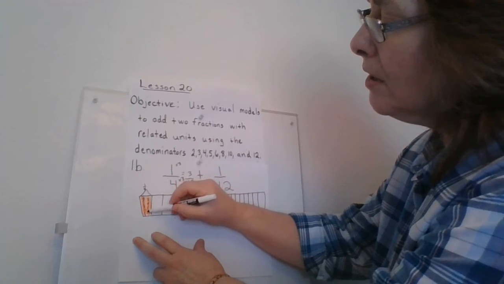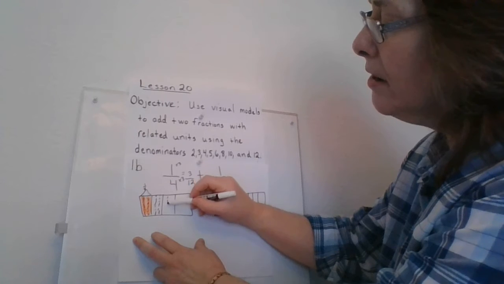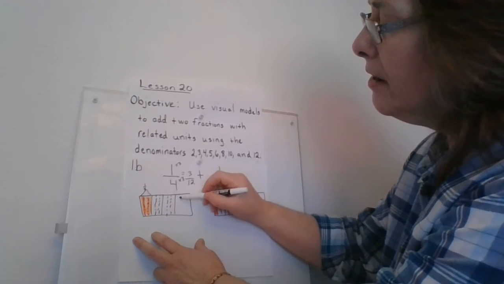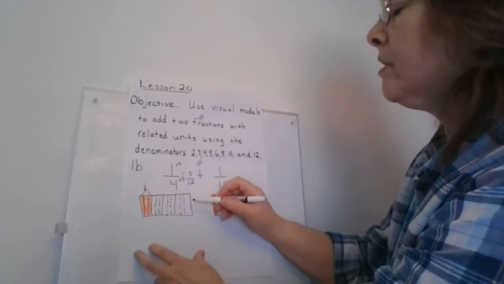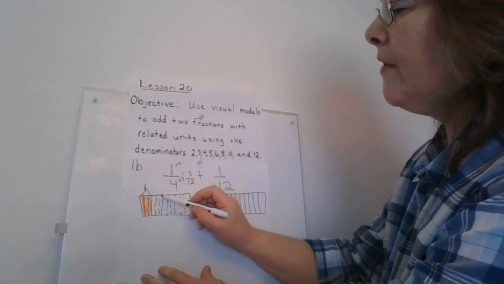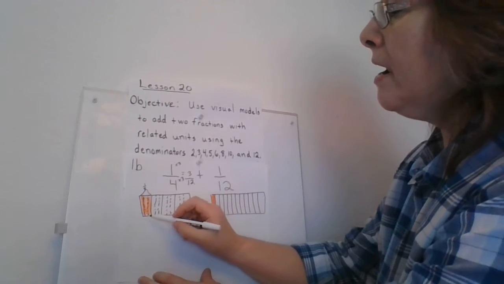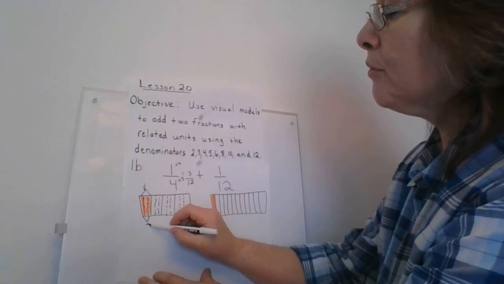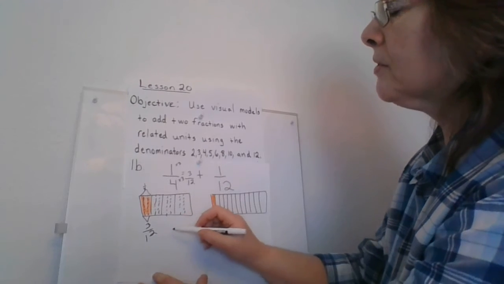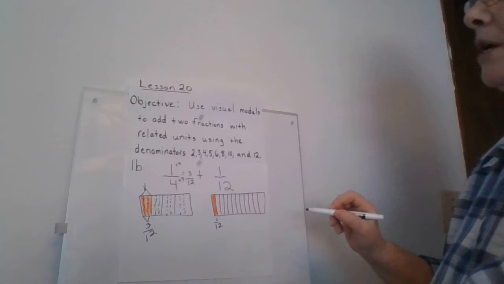So there's 2 lines in there, 2 lines in here, 2 lines in here, and 2 lines in the last one. So now if I count them, I have 1, 2, 3, 4, 5, 6, 7, 8, 9, 10, 11, 12. I have now 3 twelfths shaded, and this is 1/12 shaded.